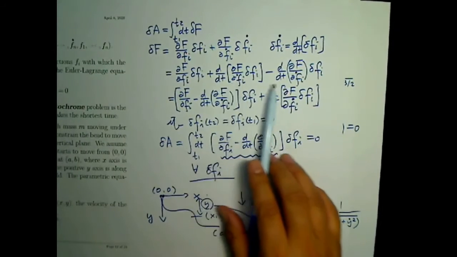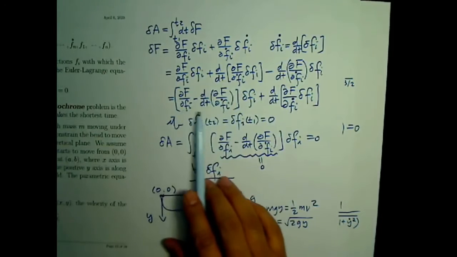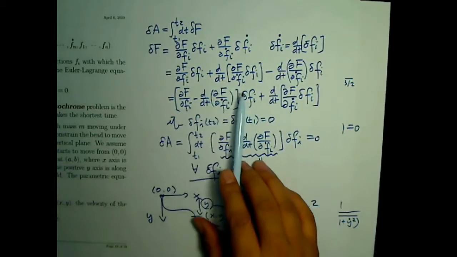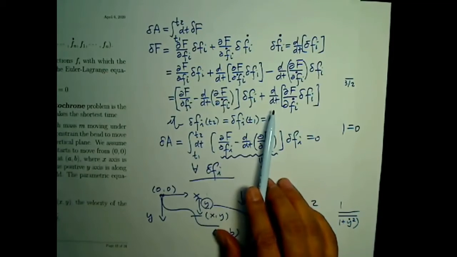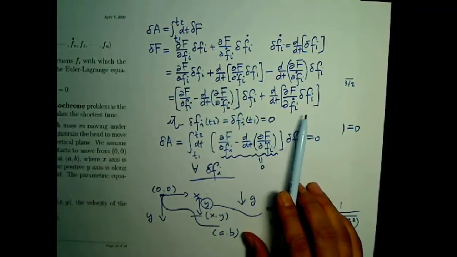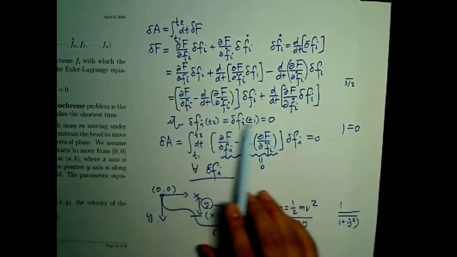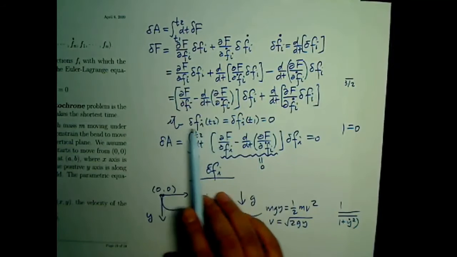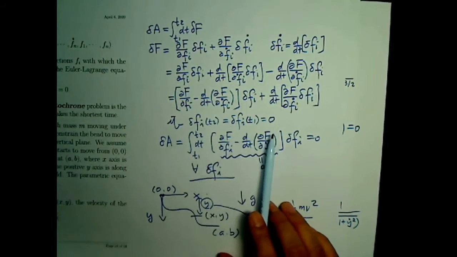The integration by parts can be used in such a way. So this one is the coefficient of the variation of each function, and this is a total time derivative. After the evaluation of the total time derivative, there will be a surface term that satisfies the boundary conditions for the variation of every function, so that all vanishes.